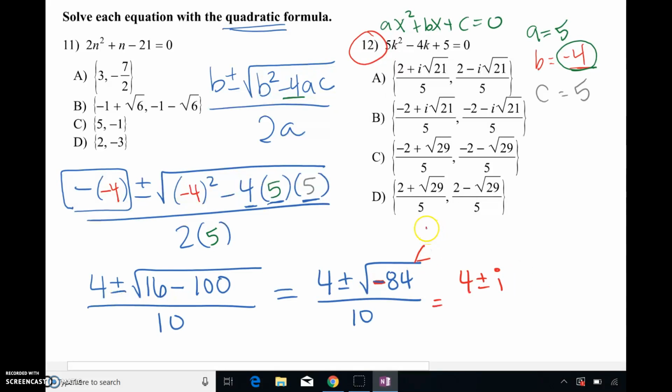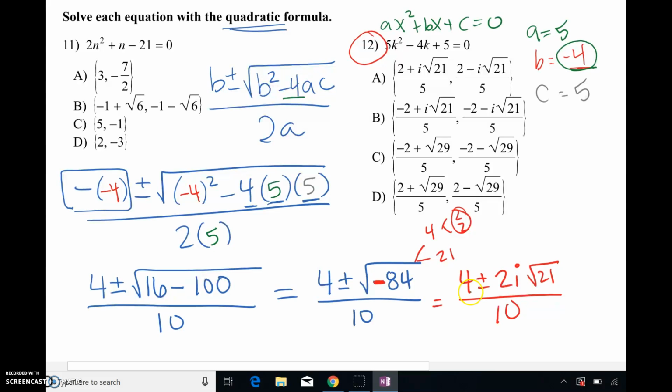So 4 and 21. So 2 and 2. So I can take out a 2 and I can leave in that 21. Do we write it like that? i2? 2i, right? So I'm going to erase this i and this 2 and write it properly. It's going to be a 2i.